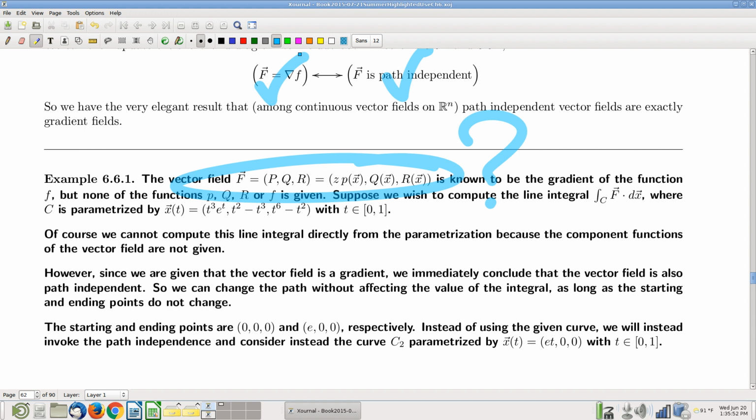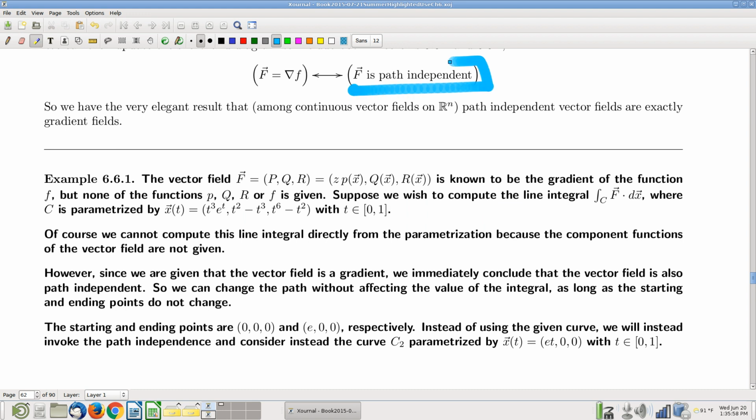So there's that. But there's a much better reason why we care about path independence. And that is, it directly relates to certain kinds of questions. So you may recall, I've talked about this in the past, but in Math 212, we're interested in more than just computing stuff, right? It's not just going to be compute this, compute that, compute the other thing.